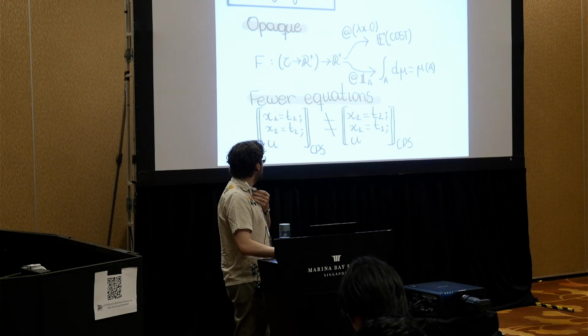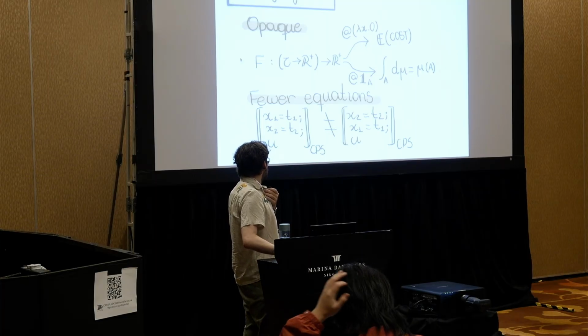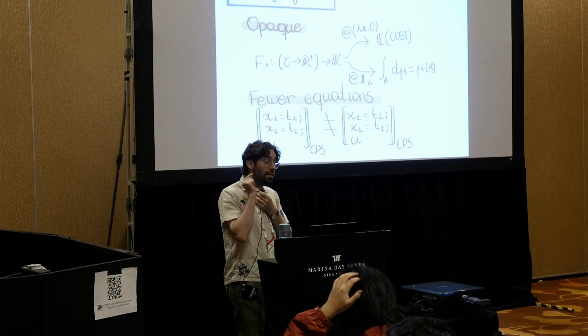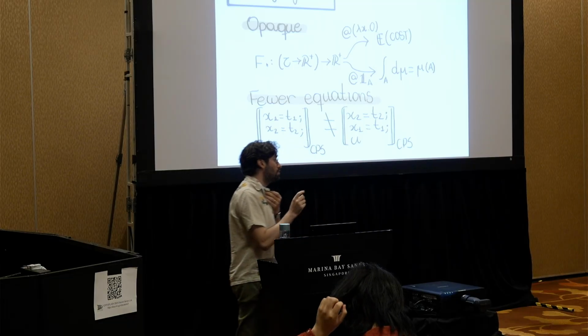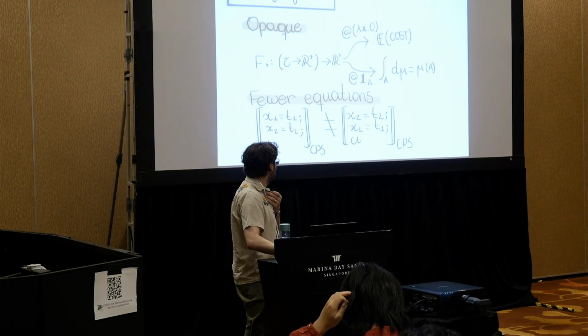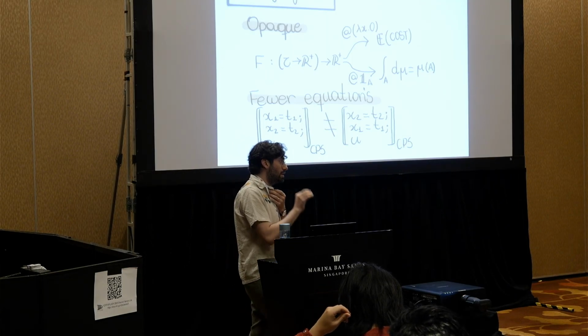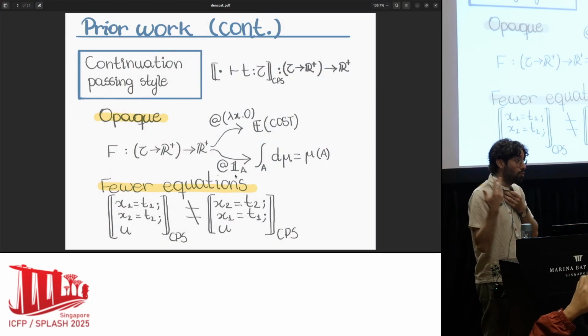So if you have this f here, that is an element of the continuation monad, if you evaluate it at the constant zero continuation, the semantics is designed in a way that you recover the expected cost. And if you evaluate it at the function that is only one at the event you care about, you recover the chance that this event will happen.